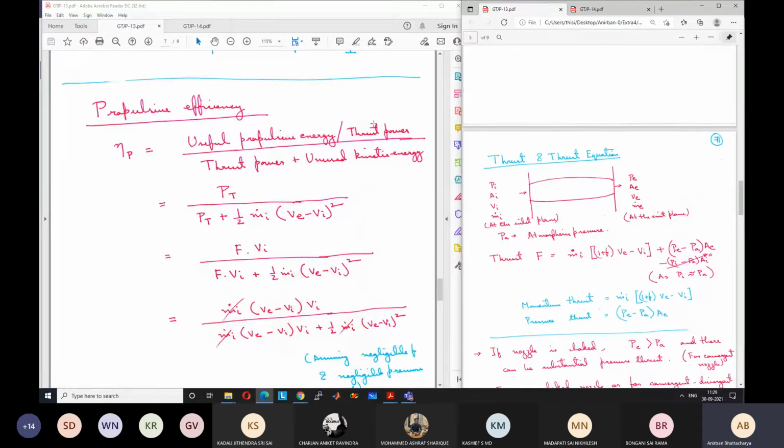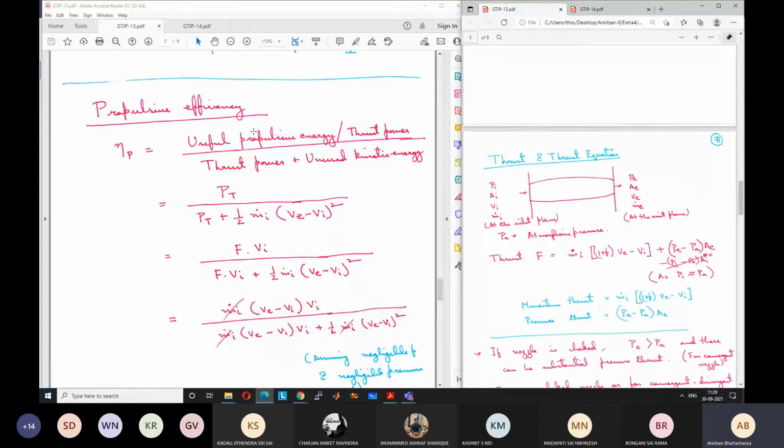The engine is generating a certain amount of energy, so it is converting the energy that is present in the fuel with a certain thermal efficiency, say 40% efficiency, 50% efficiency, into some kinetic energy or some momentum.